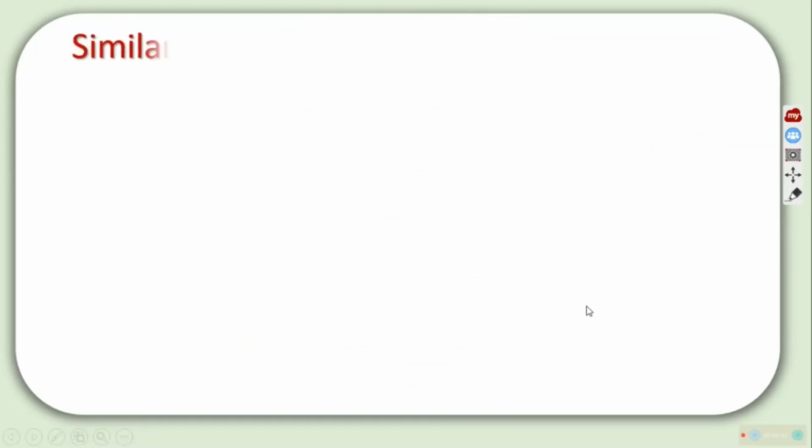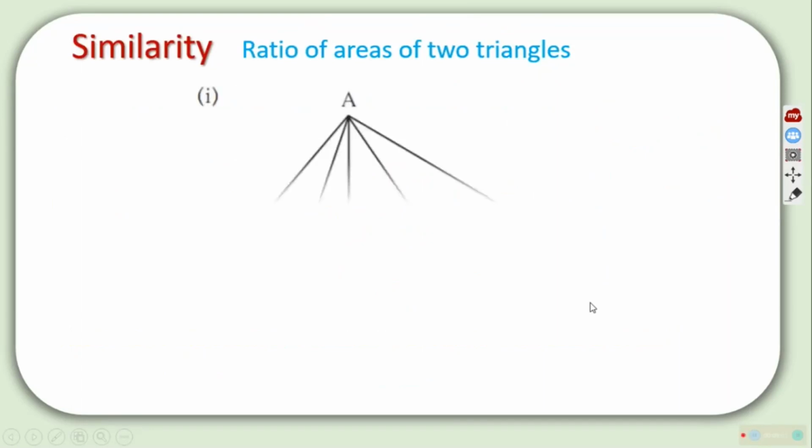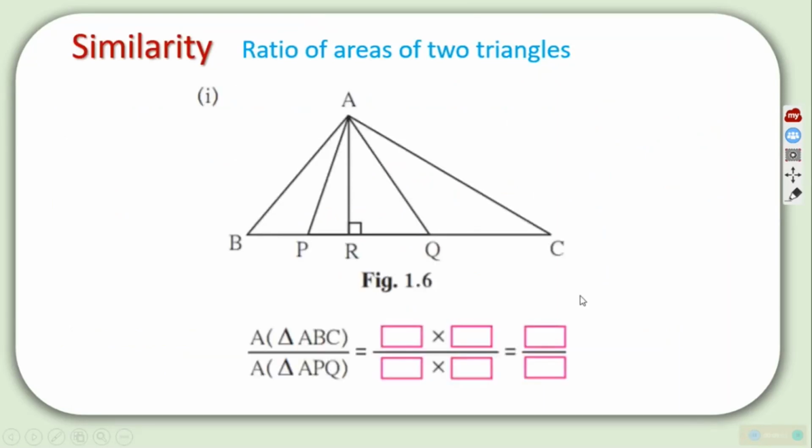So go ahead. Again under the ratio of areas of two triangles, we have some activity here. What is this activity? Here is a triangle which is named as ABC. Another triangle APQ. There are two triangles.